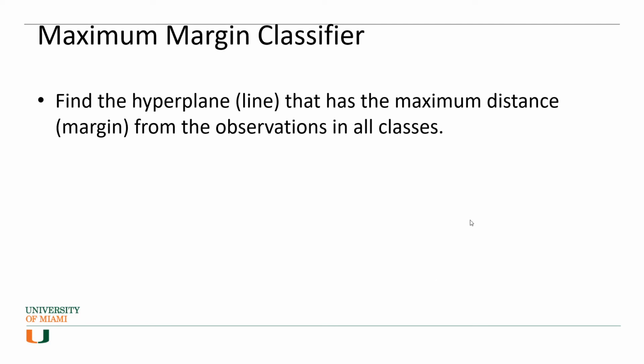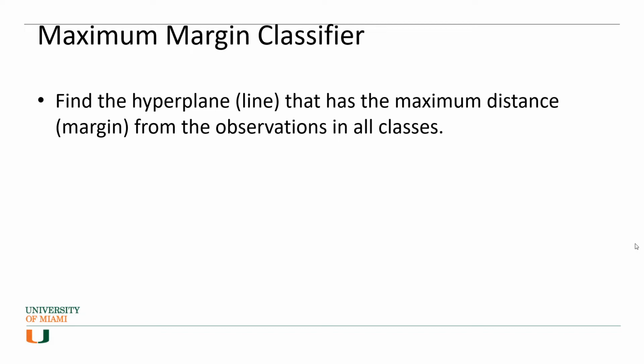So let's start with the very first basic concept, which we know as the maximum margin classifier. The point that I want you to remember is that the maximum margin classifier is very different from support vector machines, but it is the beginning of the concept of support vector machines.